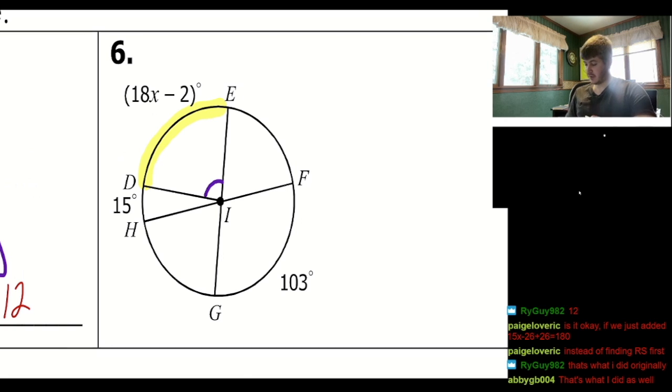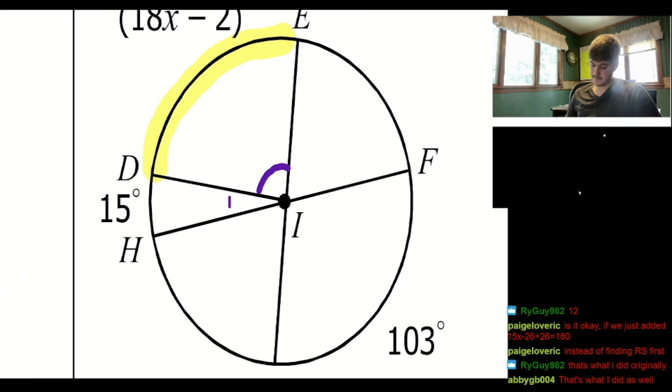So I know a few things. Well, this is 15 in here. This is 103 in here. And then I want to see where I can go from there. And it looks like that 103 is a linear pair to both this angle and this angle. So that would be the first thing I would do.